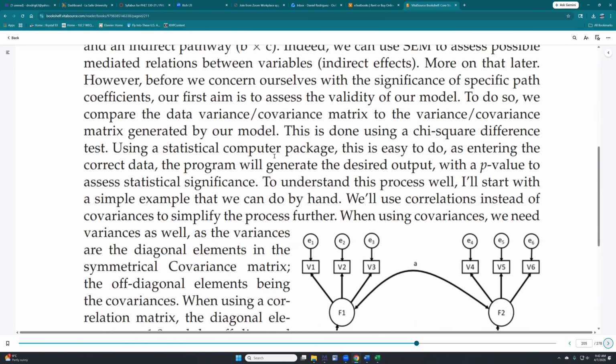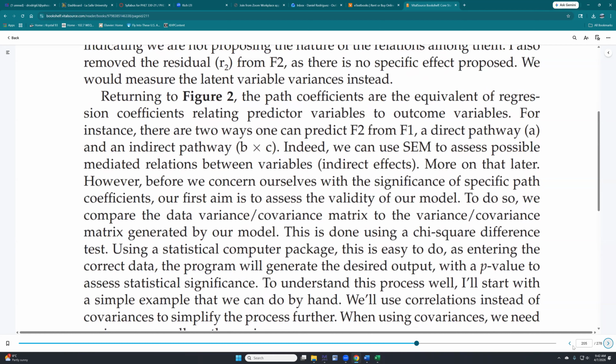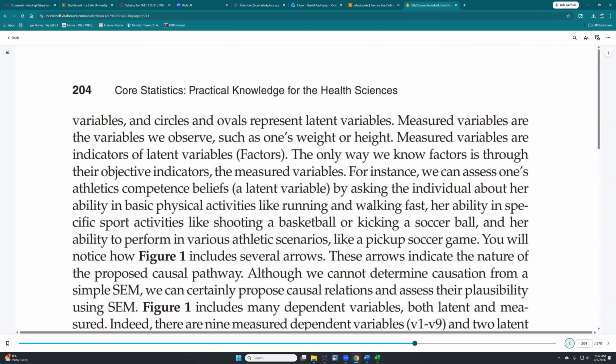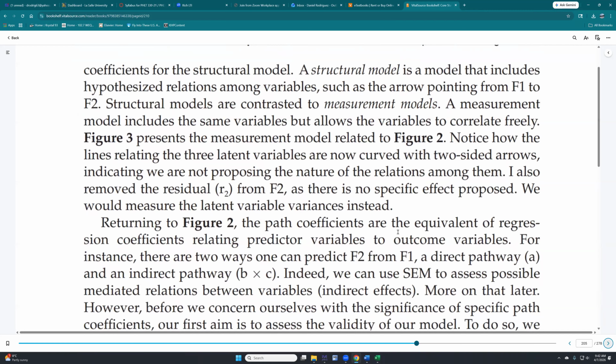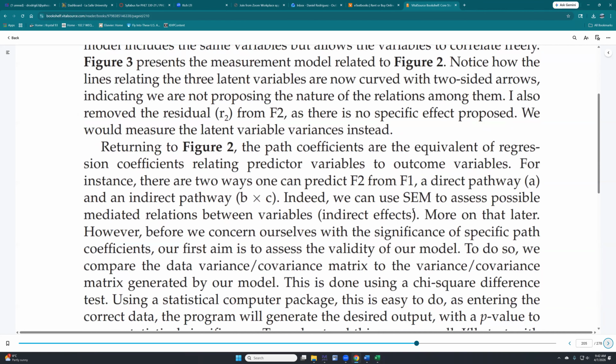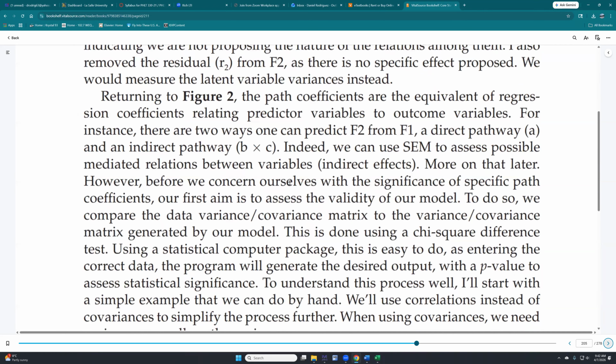The indirect pathway, and go back here for a second, would always be a product term, right? So this is the direct pathway, path A. The indirect pathway will be path B times path C, right? So that's what I meant when I said there's a product of two different things. So we can use SEM to assess possible mediated relations between variables.